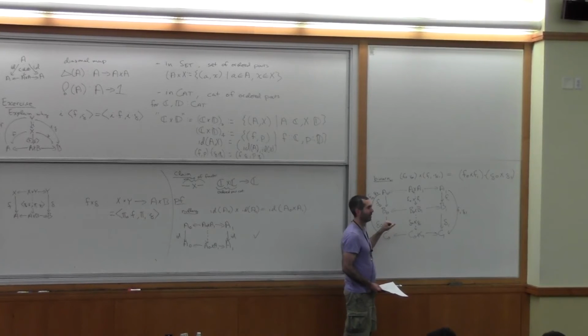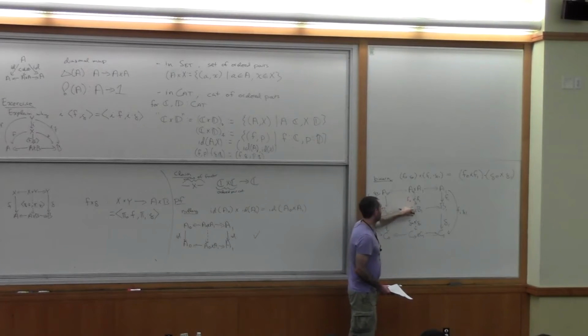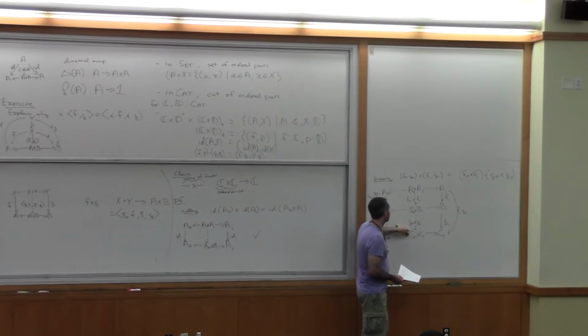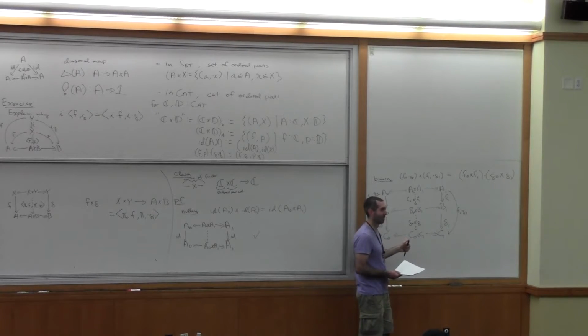By definition. But because of pasting, the composition of this and this, which made this and this commute separately, if I paste those together, it makes the whole left side commute. And likewise, it makes the whole right side commute, right? So this composite has to be the same thing as this map, which was the unique thing making the left and right side commute.